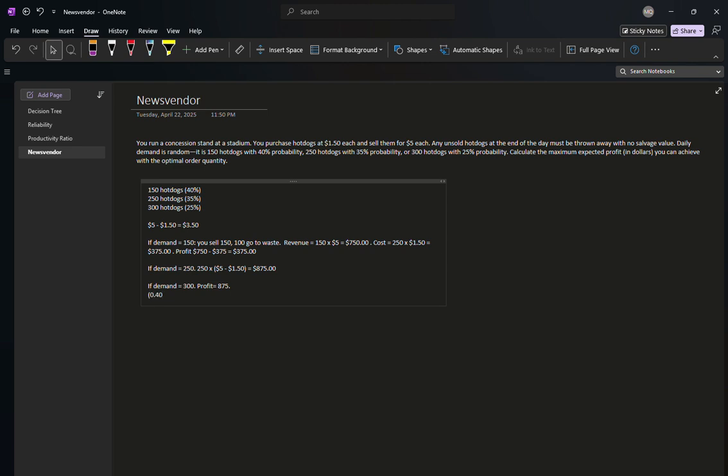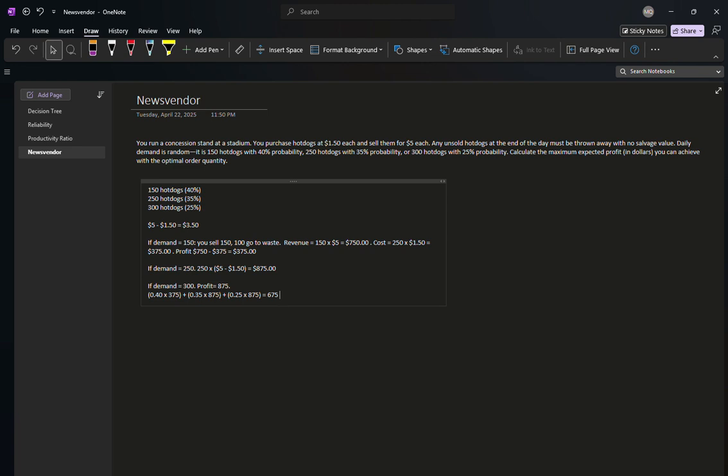Let's take the 40%, which is 0.4 times 375, plus 35%, which is 0.35 times 875, plus 25%, which is 0.25 times 875 again, and that all equals 675.